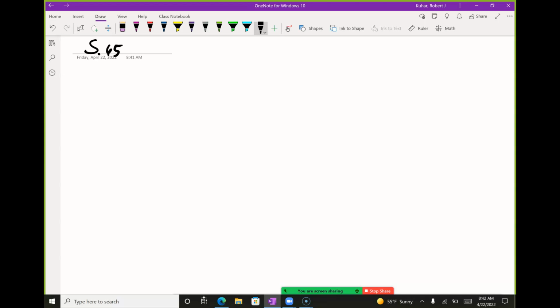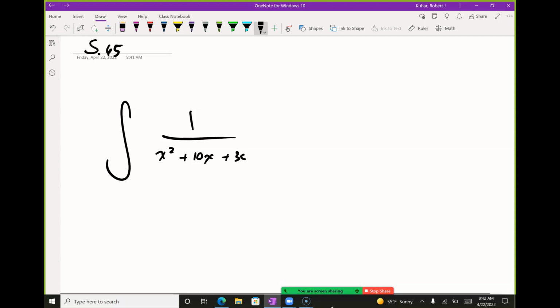I've got the integral of 1 over x squared plus 10x plus 30 dx. And so you can clearly see I would try a u sub downstairs first, but it will fail right away because I can't get an x upstairs, right?